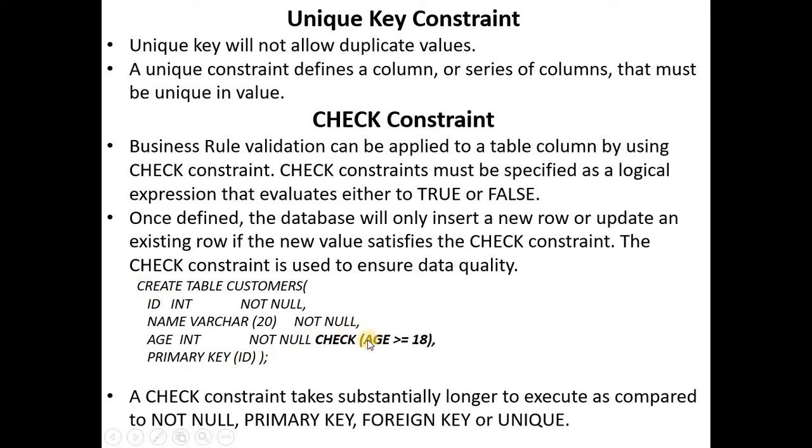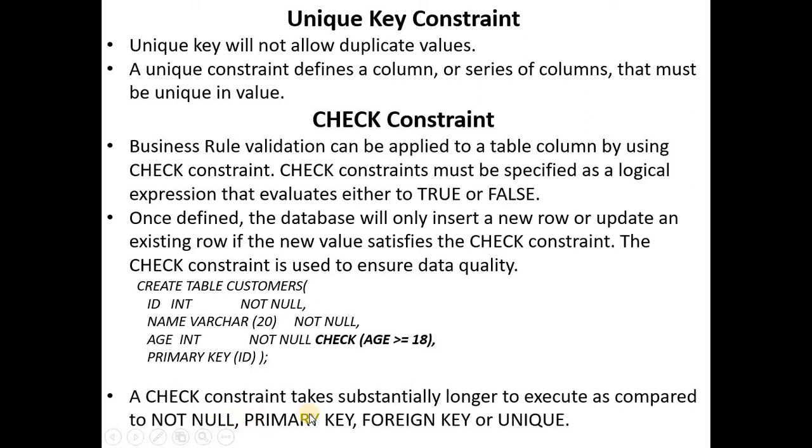The check constraint here is saying that if the age is more than 18, only then will that customer tuple or row be inserted in the customers table. If the age of the customer is not more than 18, that record would not be inserted into the customers table.